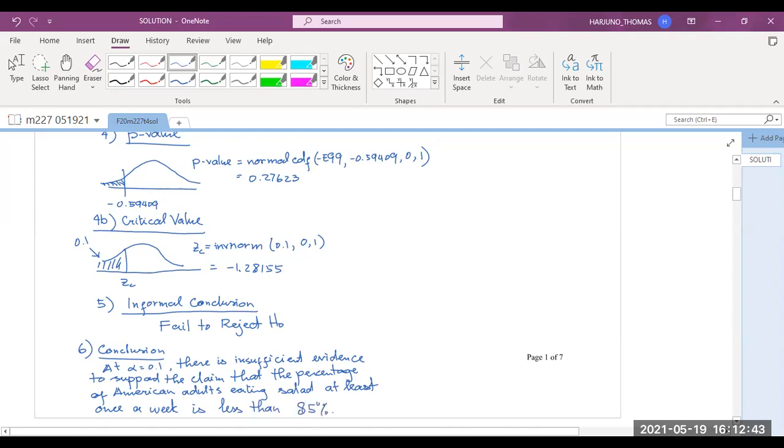Okay, the sample data does not support that claim. Now that's for number one.